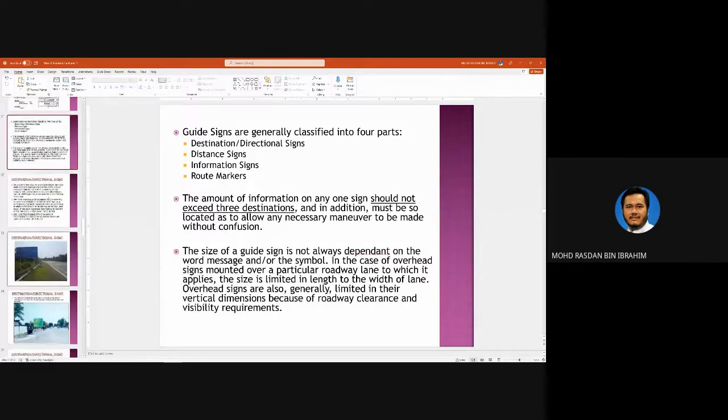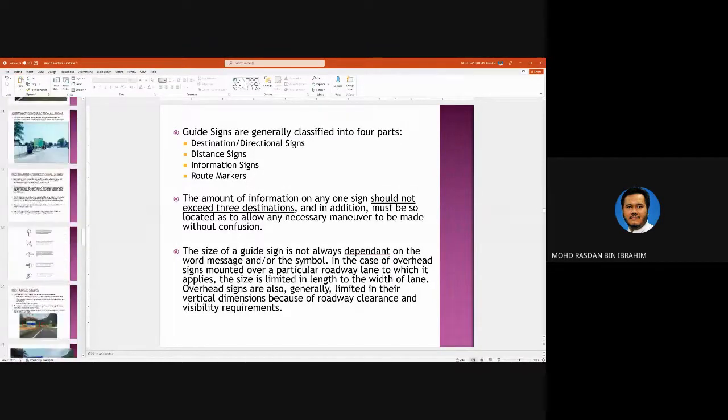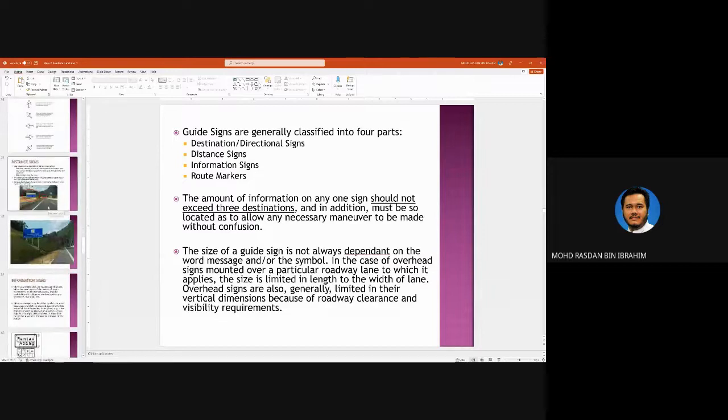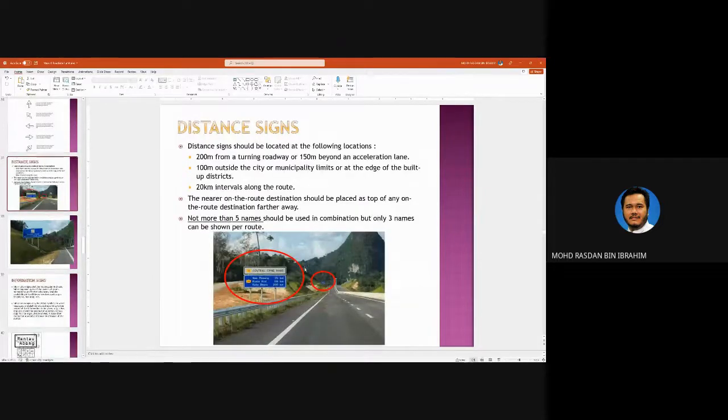Let's say you have a gantry type of signboard posted over here. The signboard shows you the correct lane to use to go to a certain destination.